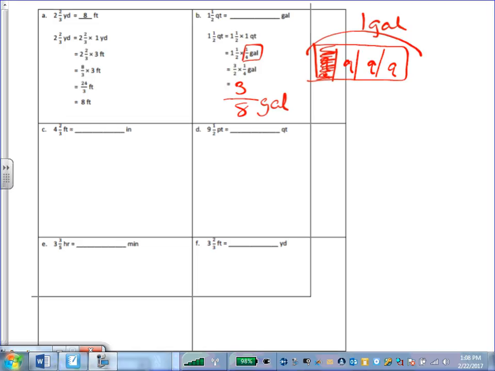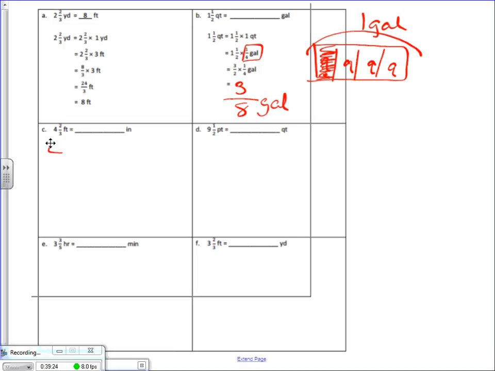4 2/3 of a foot, and you're going to inches. 4 2/3 times 1 foot, and you are going to inches. And we're going from big to small. Let me backtrack there.